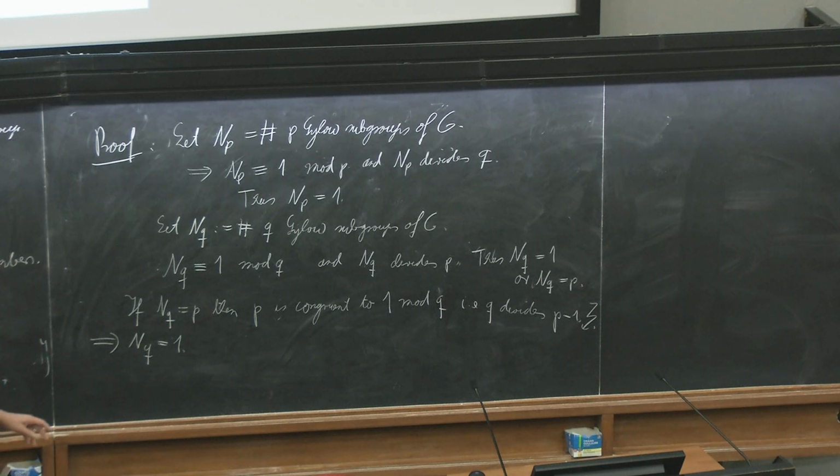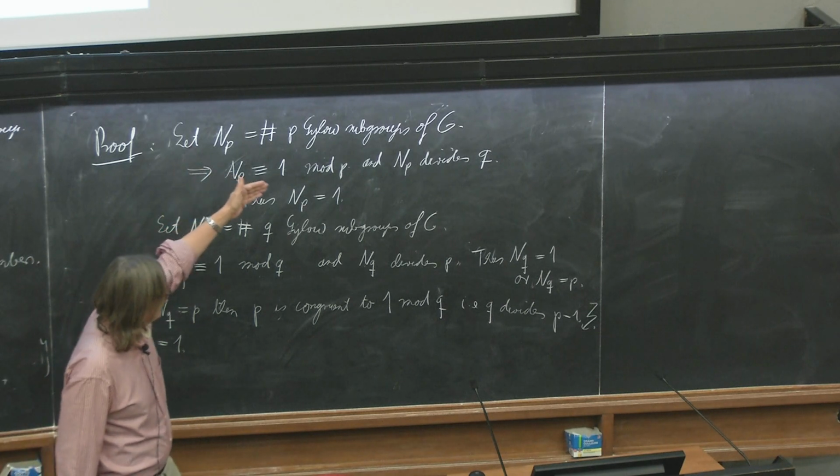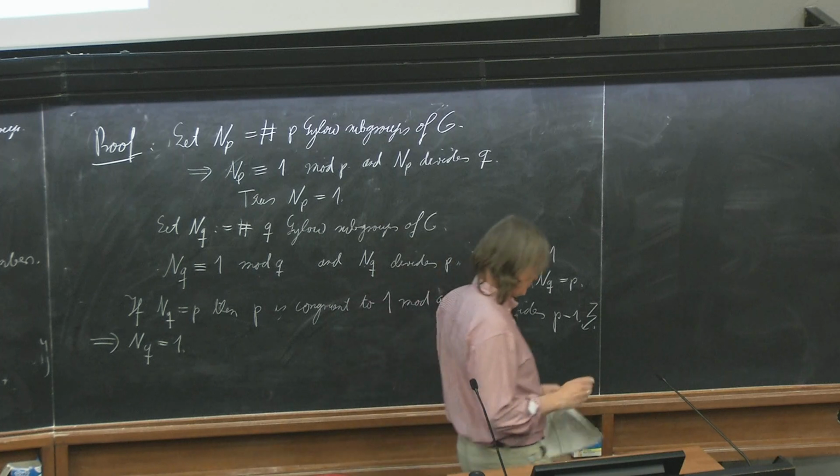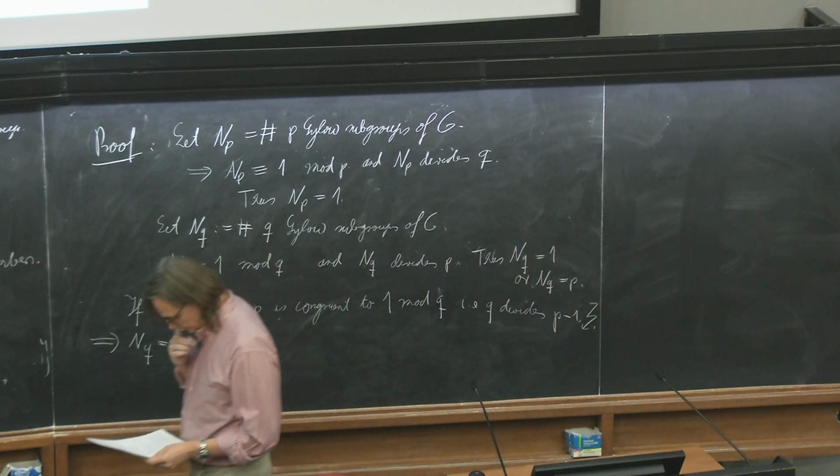So that means we have a unique P Sylow subgroup and a unique Q Sylow subgroup, which are both normal subgroups.